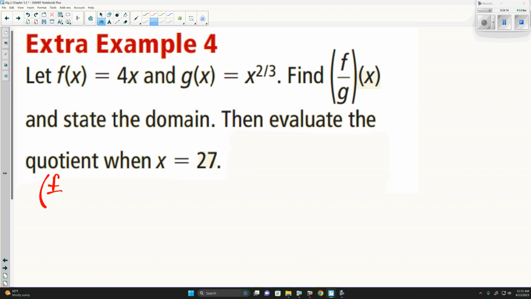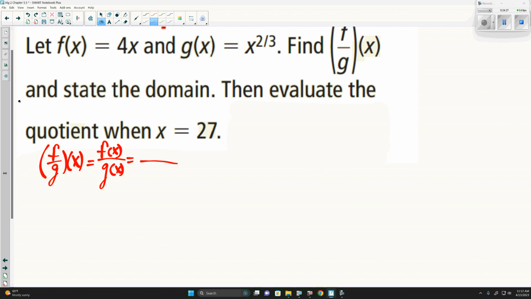So we're looking at f divided by g of x, which is the same as f of x divided by g of x. Now f of x in our case is 4x. G of x is x to the 2/3.